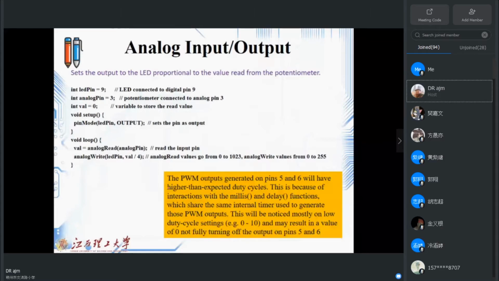Very simple. First, we specify the mode of the LED pin, then in the loop we read the analog pin. After that, whatever we read, we divide by 4. The output will be generated on the pin.